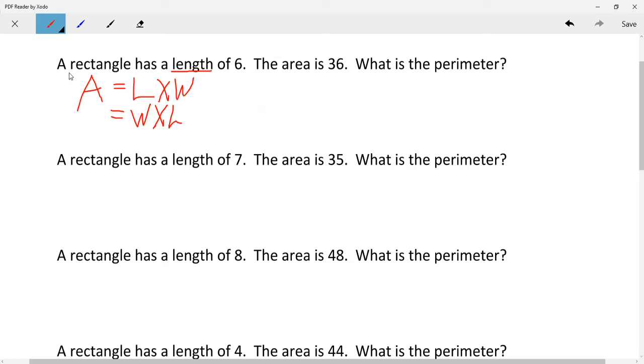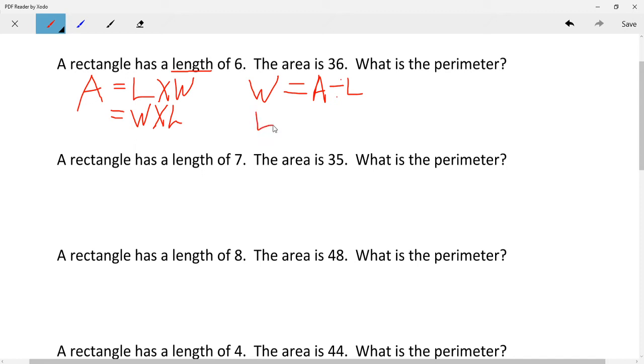But basically, to figure out the dimensions, you have to figure out the width for the perimeter, right? If it has a length of 6 and the area is 36, since area equals length times width, and we're looking for width, it would equal area divided by length.